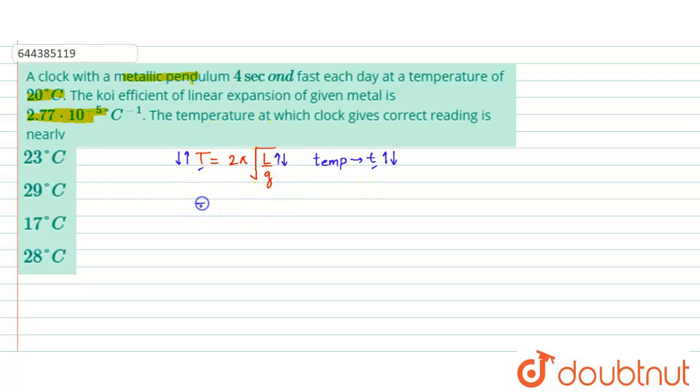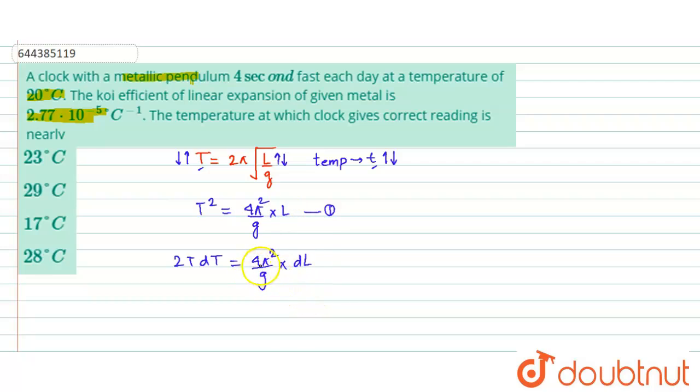Square this equation. This will be T square equals 4 pi square divided by g into L. Let this be equation number 1. Now let us differentiate this equation. On the left side, since T is a variable, the differentiation gives us 2T dT. Remember, this is the time period. On the right side, 4 pi square divided by g into L, where L is the variable, so its differentiation will be dL.